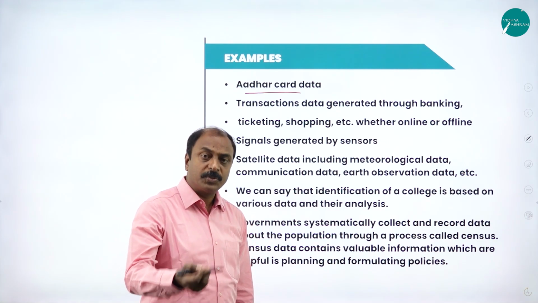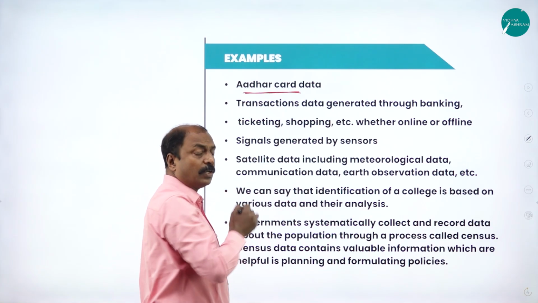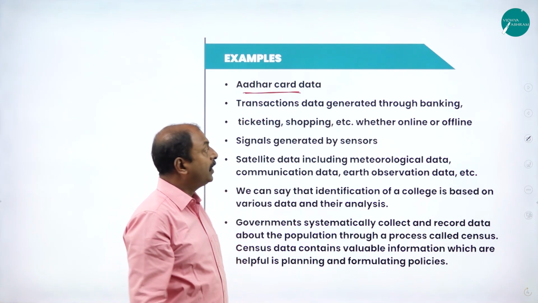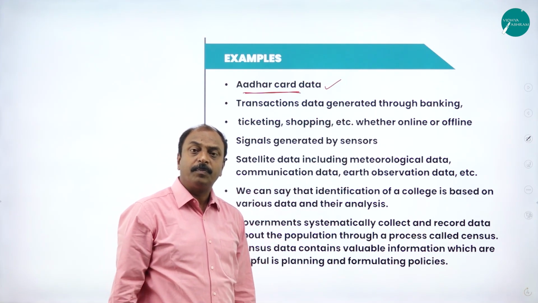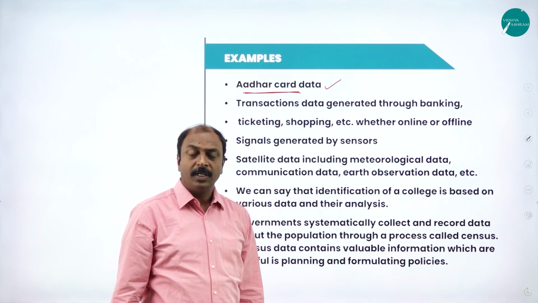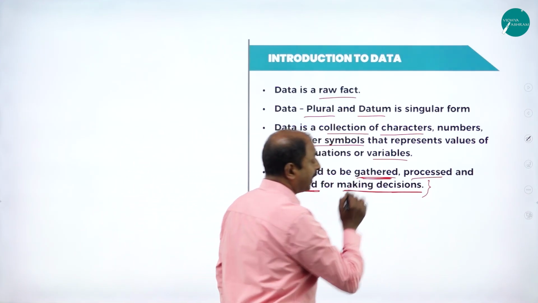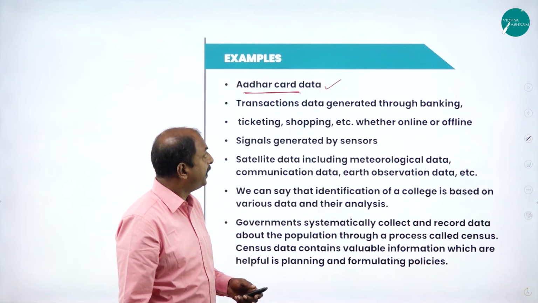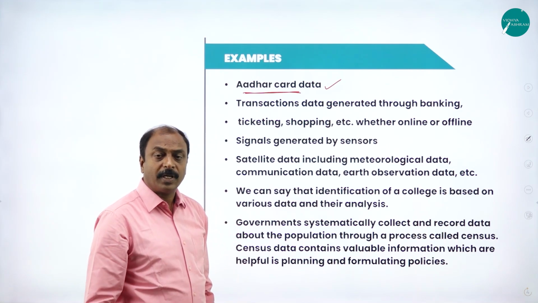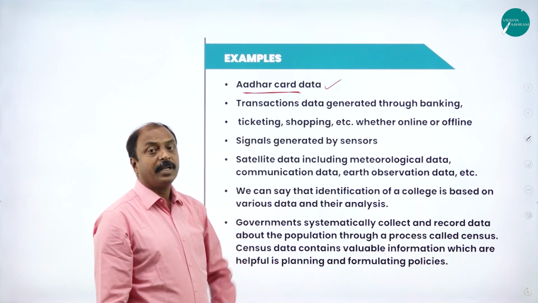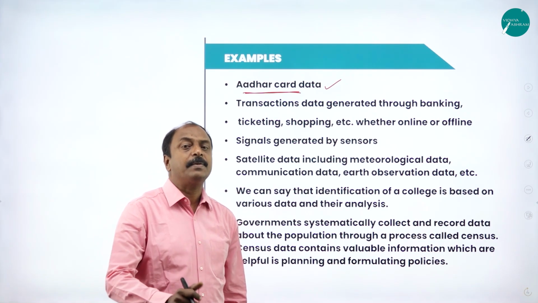Once it has been processed through a system, we get the Aadhaar card, which is the result of data processing. Here the Aadhaar card is information, prepared with the help of different forms of data. That is the meaning of data being gathered. A very simple example: to get the Aadhaar card printout or ID ready, we have to collect different types of data.